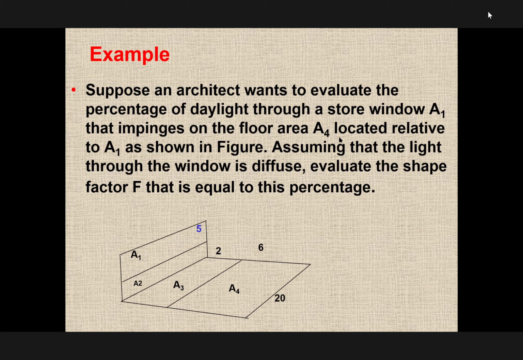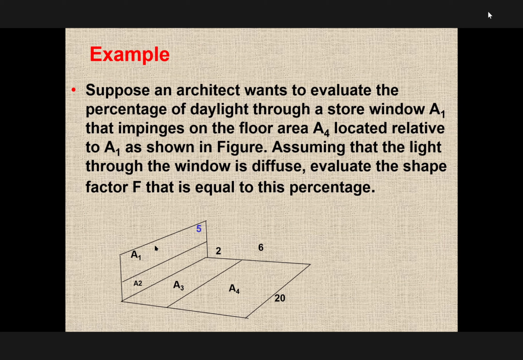Therefore, assume that this is the geometry that you have. Again, this is about an architect. Assume that the architect is trying to evaluate the percentage of the light through a store window A1. This is the window. Here is an opaque wall. Here is an opaque wall. And here they would like to see what percentage of energy or light, daylighting, goes from this one and comes here.